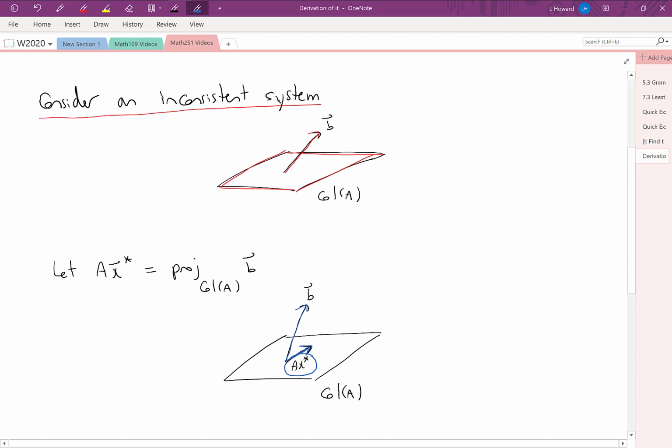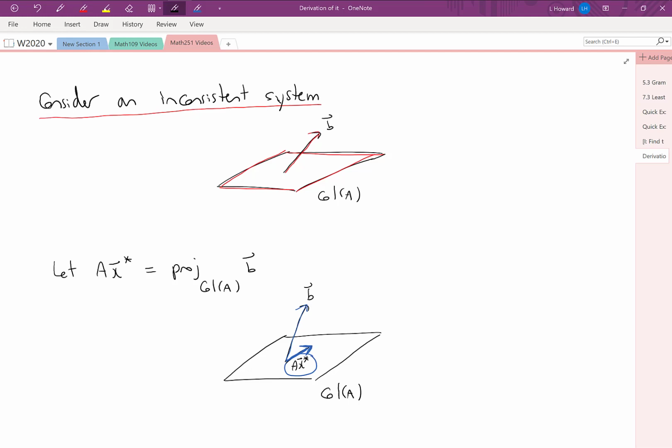If this vector is as close as possible to b, then the correct name to give it is Ax star, because the least squares solution is the vector that gets us as close as possible to b when we multiply it with A. So I should actually write A times vector x star there: Ax star, the projection onto the column space.